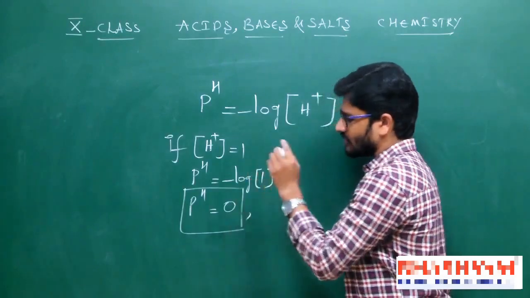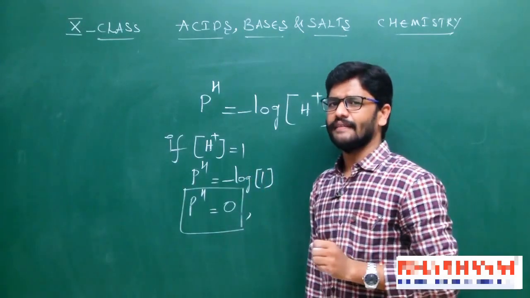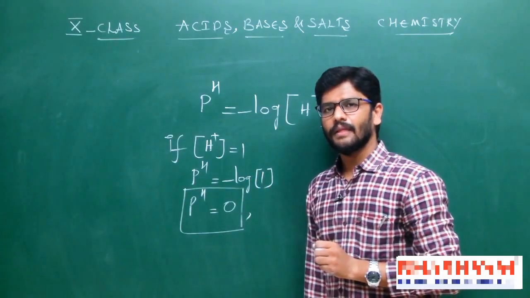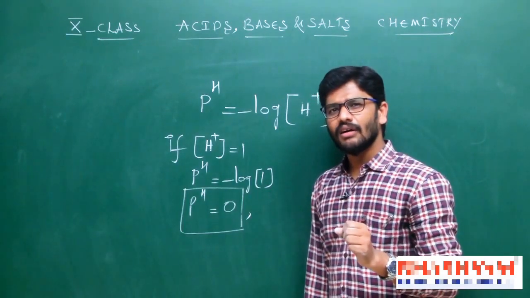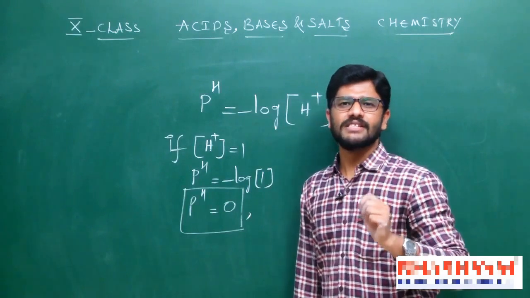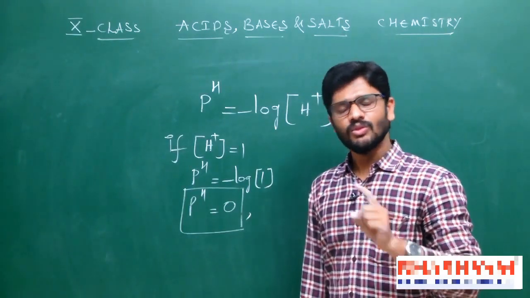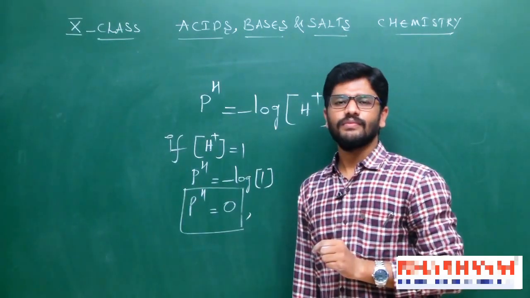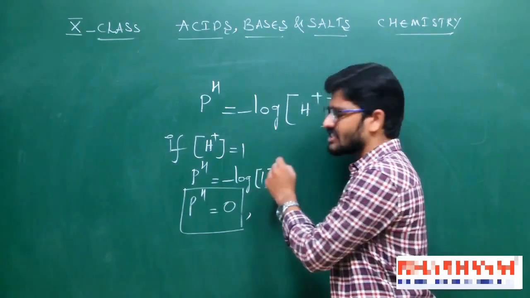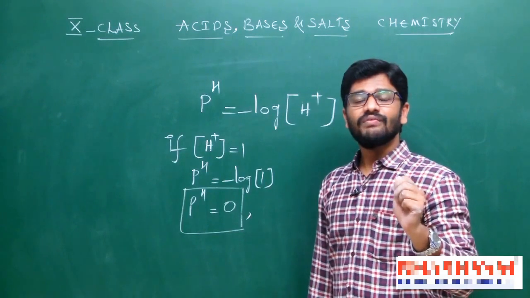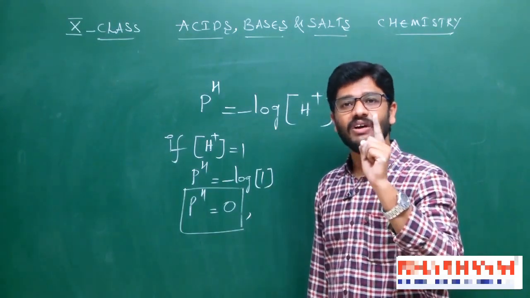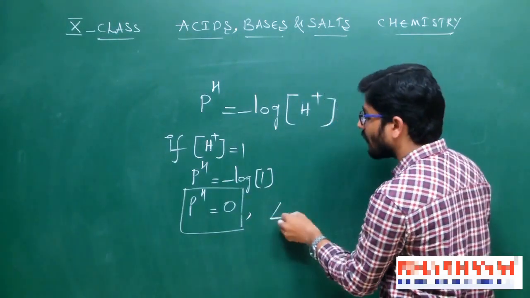Now the next question is very, very important. Sir, is the pH concept valid at any concentration of H plus? No. This pH concept is valid only if the concentration of H plus ions is less than 1 molar.